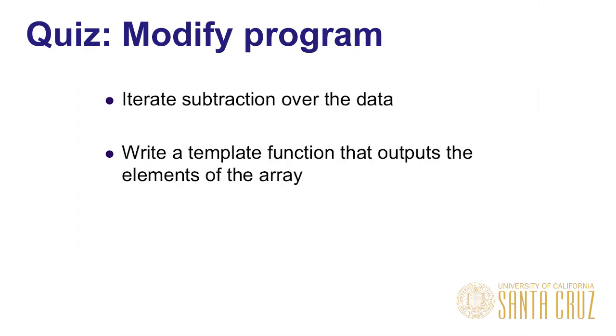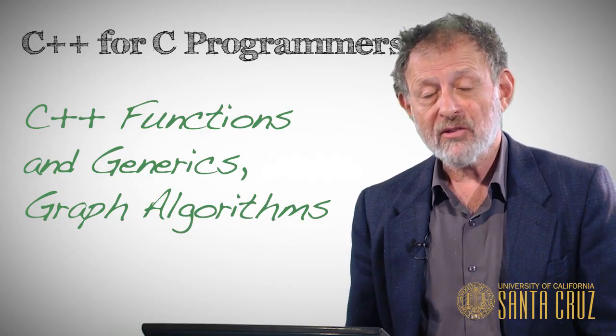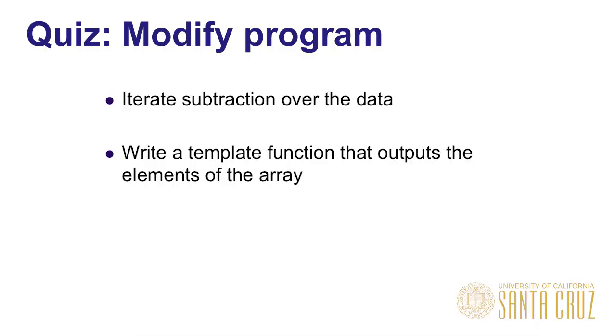All right, as an exercise, take that code and instead of iterating over addition, iterate over subtraction. And as a further exercise to show that you really can manage templates and see their power, write a template function that instead of using an arithmetic operation, does output of the array elements.